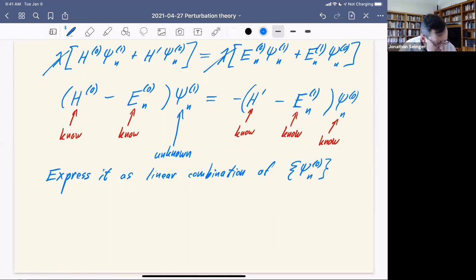Okay, so if we want to do that, we could say psi 1 n should be a sum over these psi zeros with some coefficient.